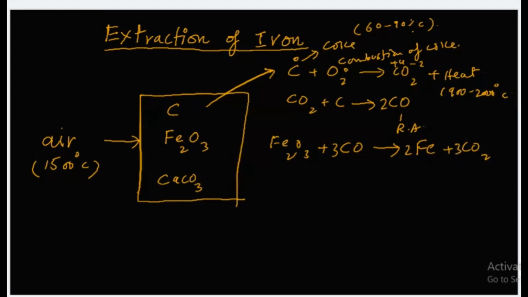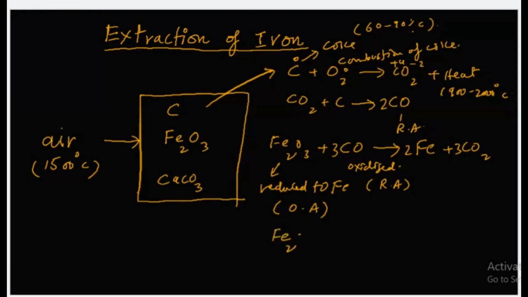Now Fe2O3 is reduced to iron and carbon monoxide is oxidized to carbon dioxide. So carbon monoxide is a reducing agent and iron 3 oxide is the oxidizing agent.